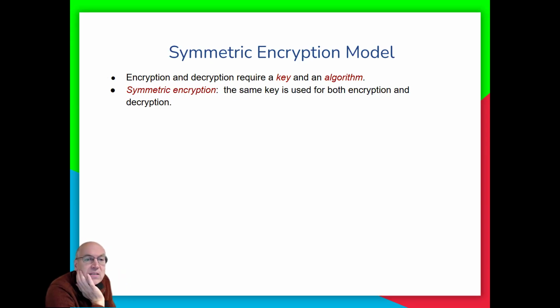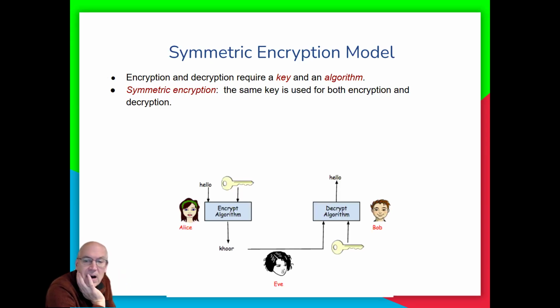That'll be our starting point. Here, this is the typical naming for encryption algorithms. We're sending things from point A to point B, and so we often label those Alice and Bob. Alice is sending a message to Bob.